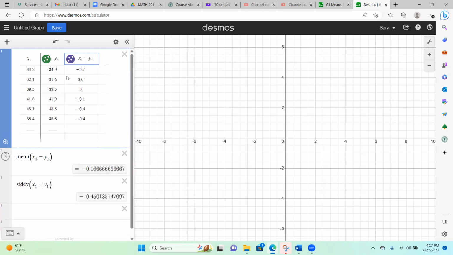And so then you can fill those in on your table, because you may need to do that on the final exam as well. Okay, so I'm going to go back to my paper for just a moment so you can see where we're at.